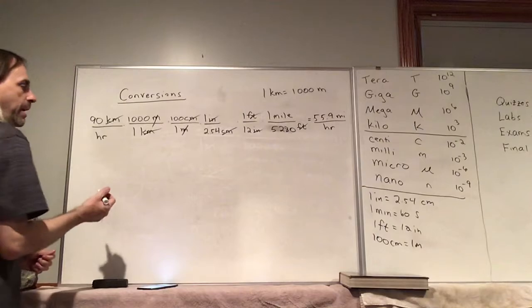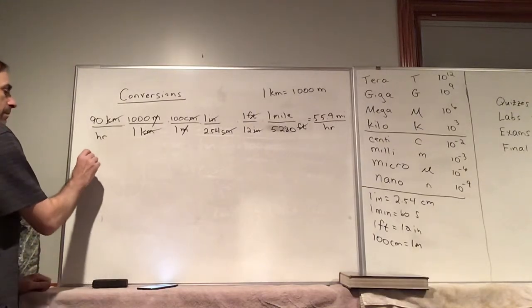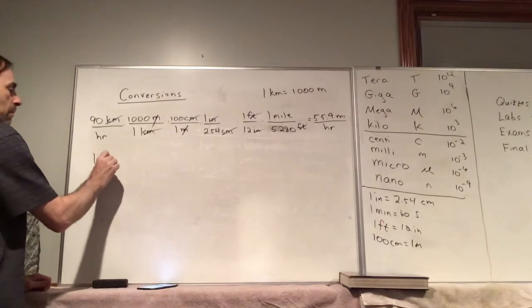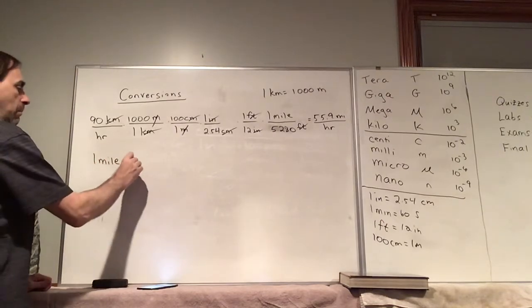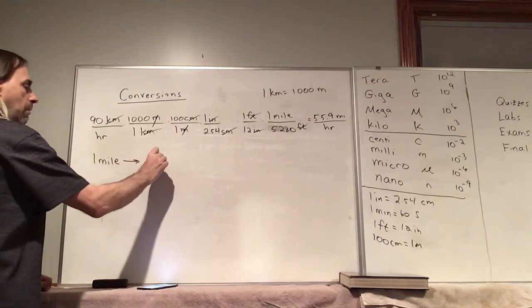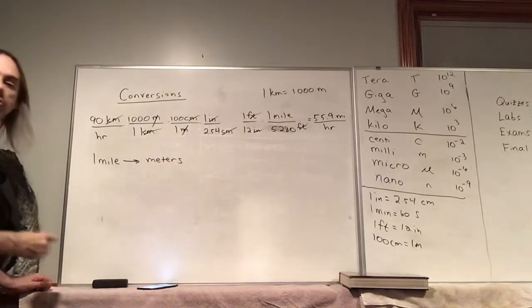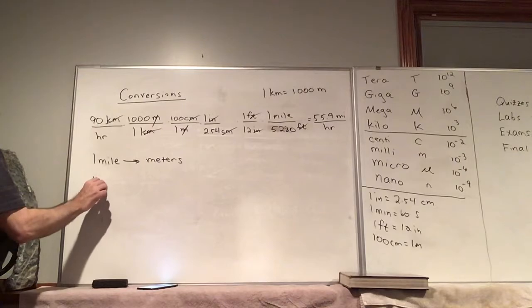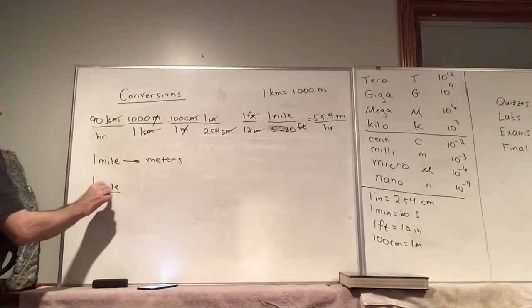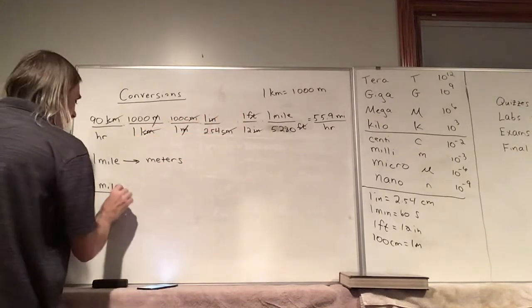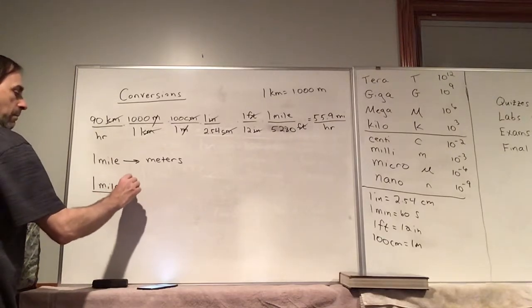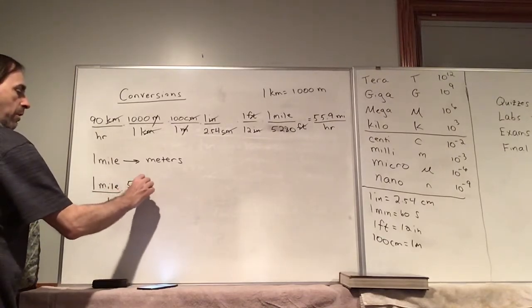Let's say we have, I'm going to write down, let's convert 1 mile into meters. So let's just do this off to the side. So we'll start with 1 mile. And basically we're going to do a lot of these conversion factors. 1 mile, that's 5,280 feet.